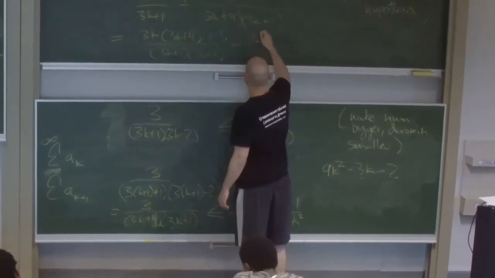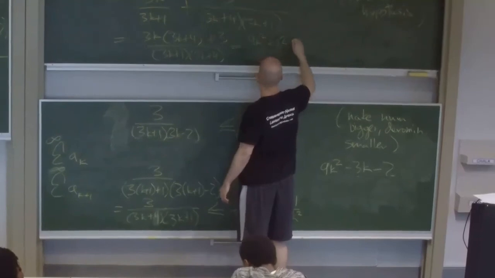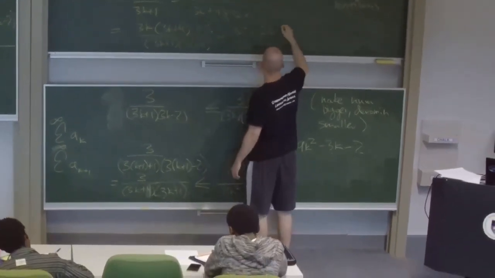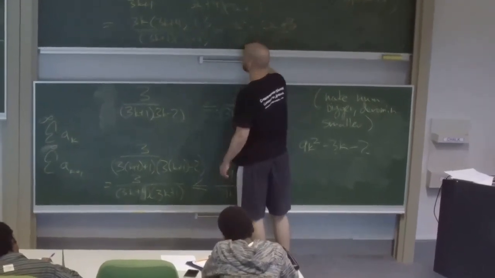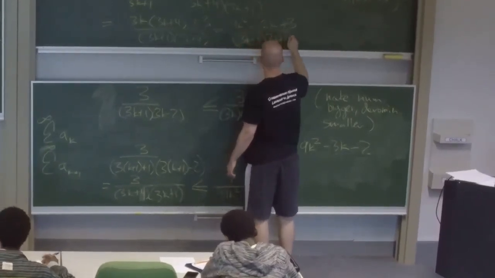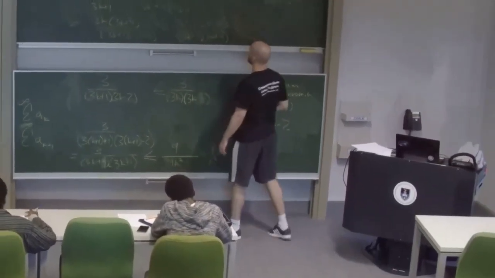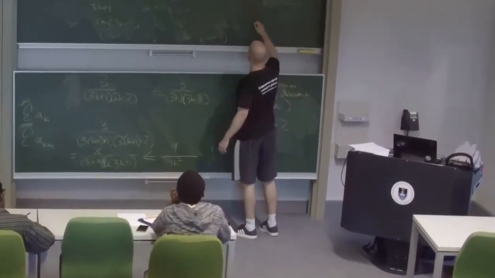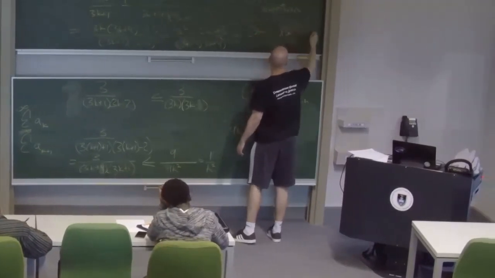We get 9k squared plus 12k plus 3, over (3k plus 1)(3k plus 4). And I believe you can factor that, let's see, into 3k, 3k.